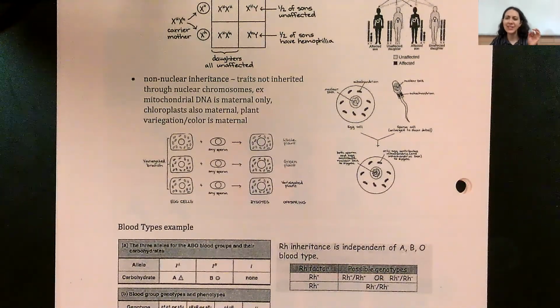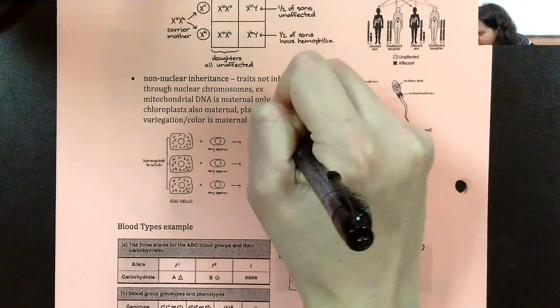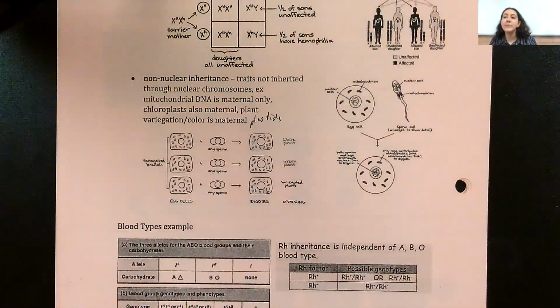It's also the case for these things called plastids, which are just extra DNA that's usually in little circles like a plasmid. Variegation is maternal, and I would put the word plastids here. Plastids in plants. I don't think animal cells really have plastids as far as I know. But anyways, they tend to be maternal.